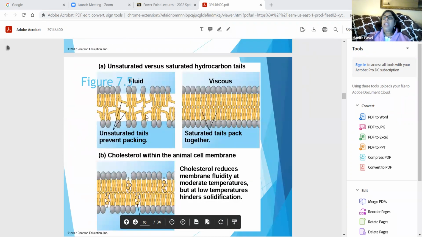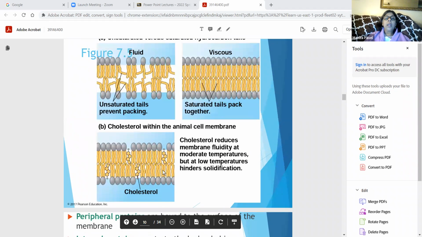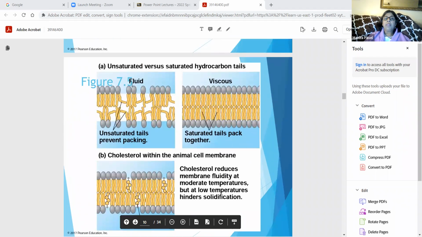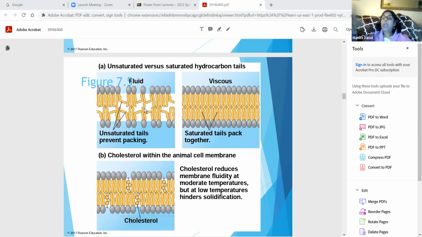And so we're comparing unsaturated fatty acids with saturated fatty acids. In the phospholipid tails, what are we seeing? Unsaturated tails prevent tight packing. Because there are spaces between the tails, it makes the bilayer more fluid and allows substances to move laterally.